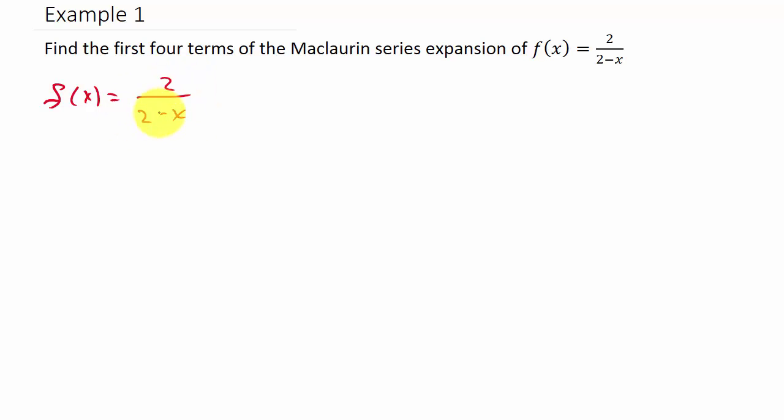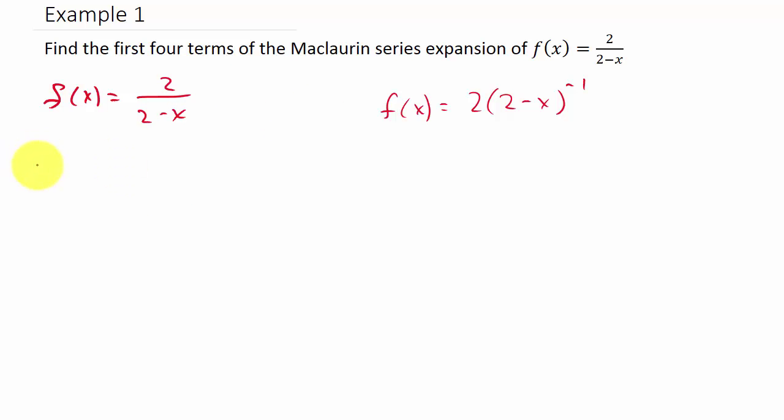Now we need to take the derivative. To do that, we can rewrite f of x as 2 times 2 minus x to the negative 1. Bring this whole term up, and it would change the exponent to negative 1.